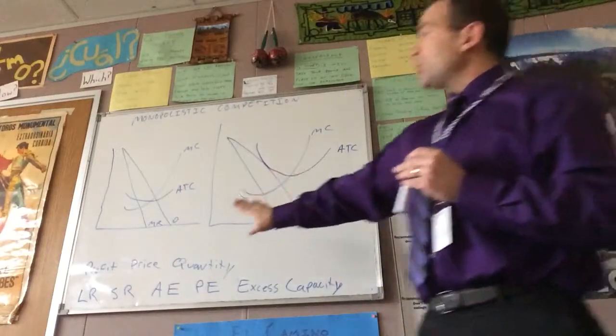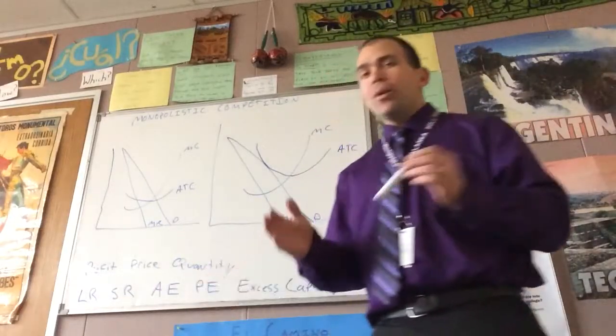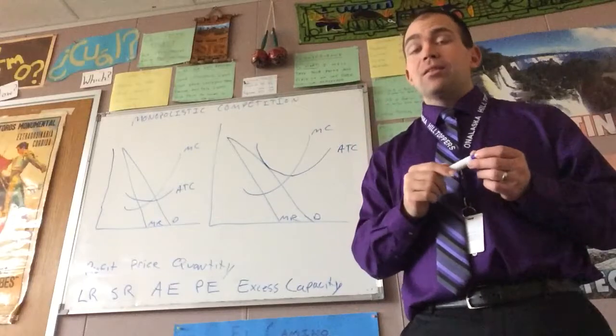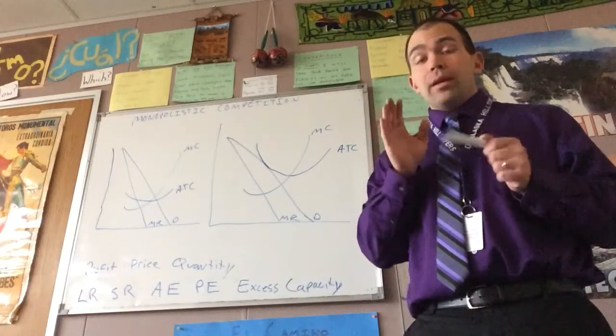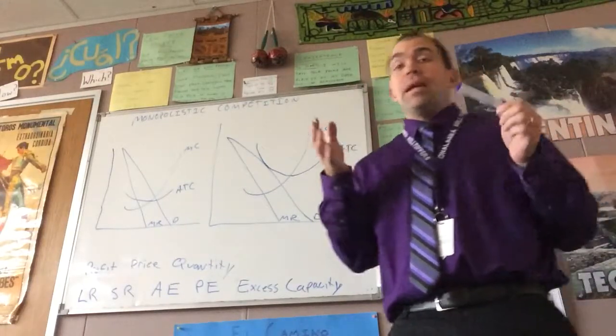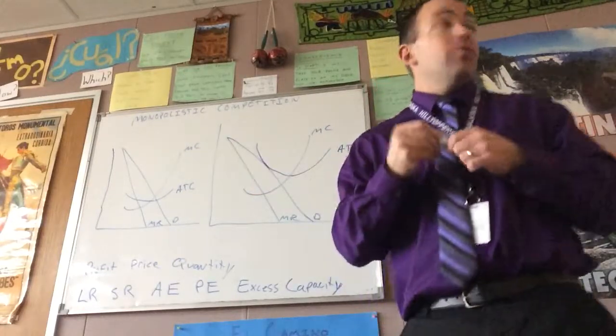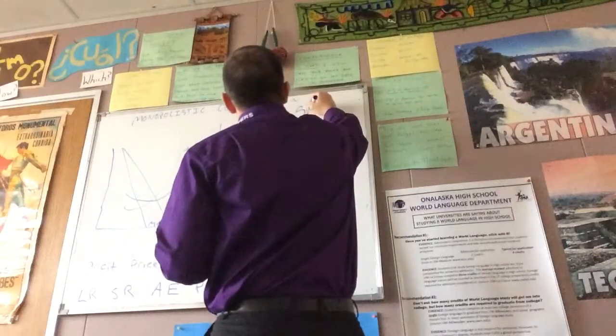So this one right here, you're probably looking at it and saying, wait a second, that's the monopoly graph. You're right, that is the monopoly graph. It is also what a monopolistically competitive industry would look like, like sandwiches. So this could be the graph for sandwiches.